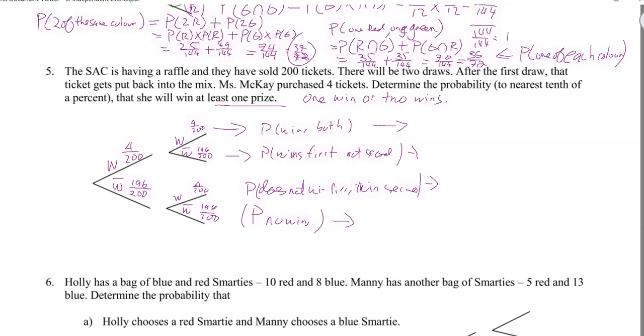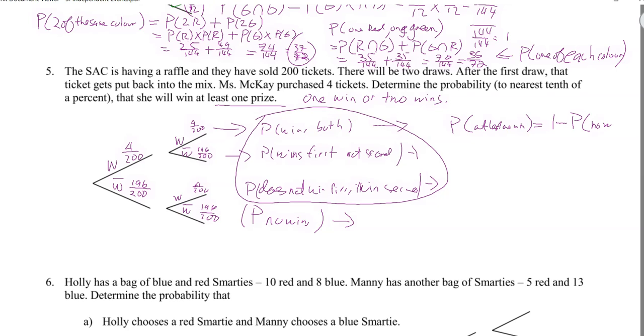So of these 4 probabilities, what we really need is a quick way to get these 3. And here's the quick way. The probability of at least one win is equal to 1 minus the probability of no wins, which is 1 minus the probability she doesn't win and doesn't win.